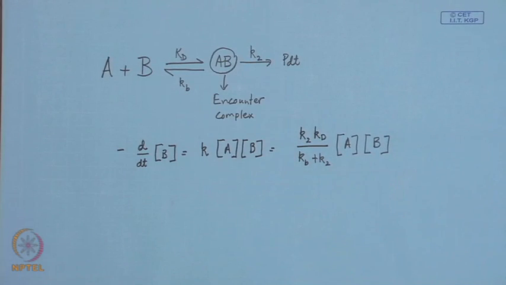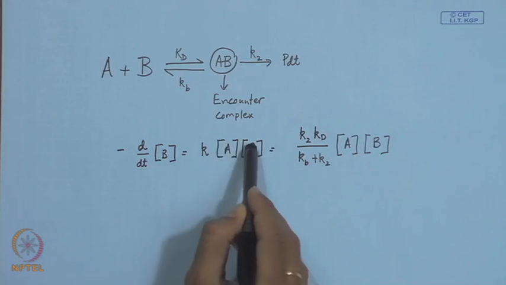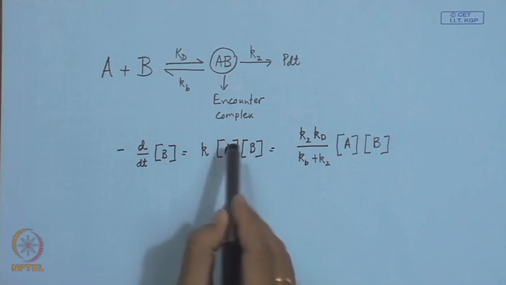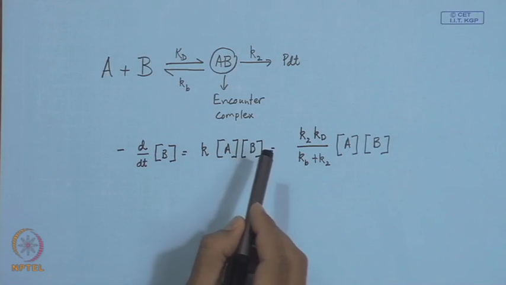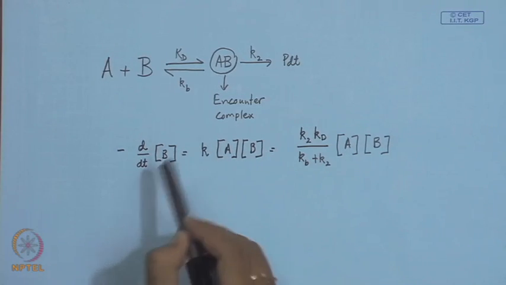This expression is bimolecular, dependent on the concentration of A and the concentration of B. This is your overall rate.